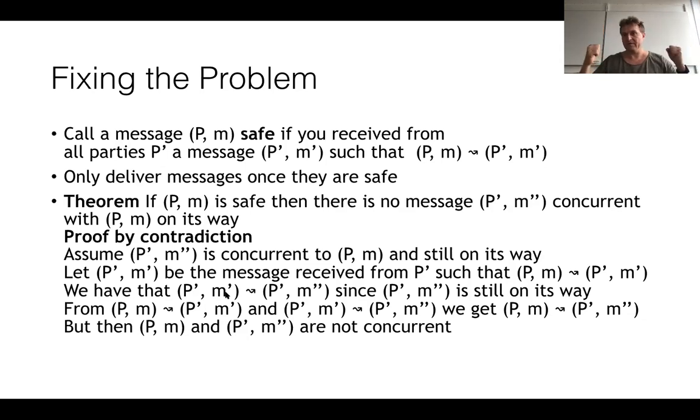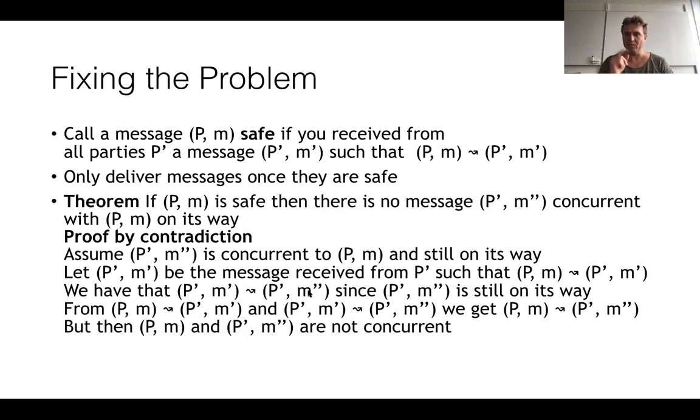Since one of them I already received and the other is still on its way, it must have been sent after the one already received. Otherwise I got two messages from the same party that swapped, and that is not allowed. We have causal communication, which implies FIFO. So this M prime, which I already received, is in the causal past of the message M prime prime, which is still on its way.